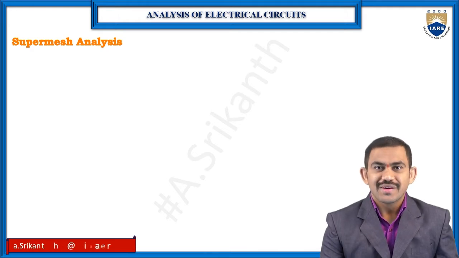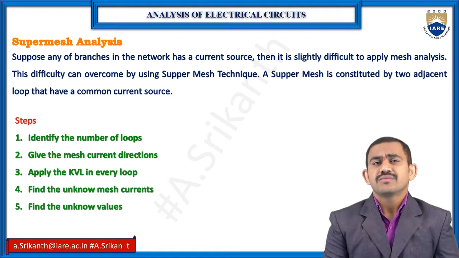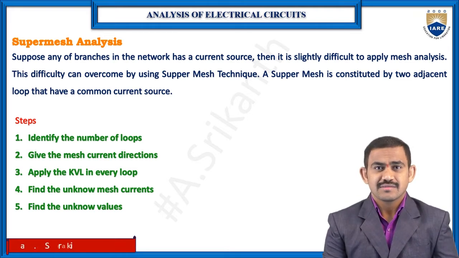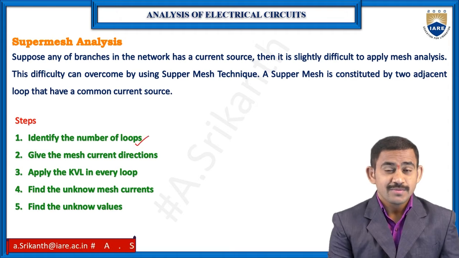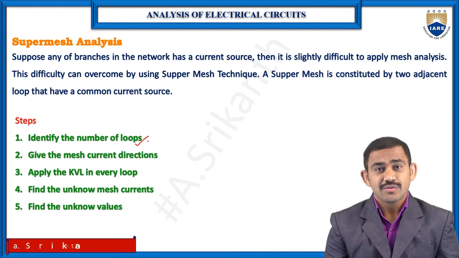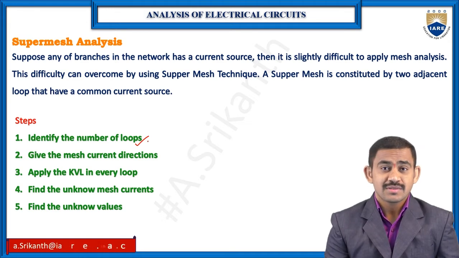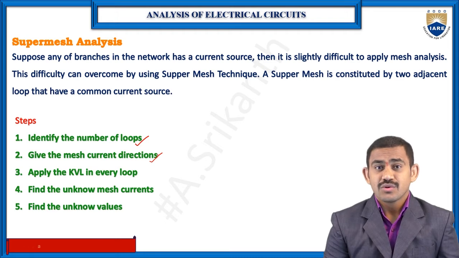Which steps do we have for mesh analysis? Same steps, same procedure for super mesh analysis. First, we need to identify the number of loops. So in the circuit we have n number of loops, and we need to give the current direction for each loop.